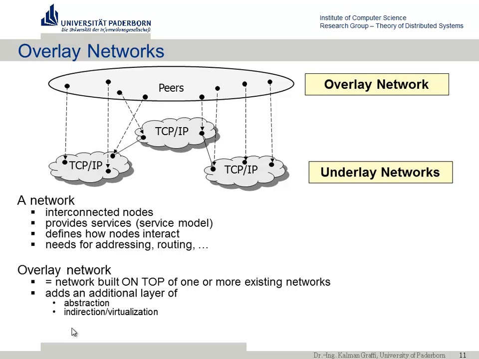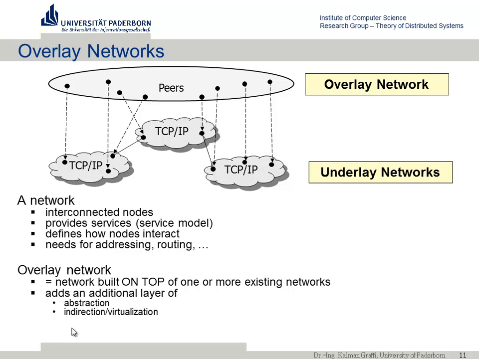Now the question is, what's an overlay network? That is typically a network that is built on top of one or more existing networks. Here we have an example with TCP/IP networks. That may be, for example, countries with Telecom and Vodafone, and they are already enabled to send each other messages.